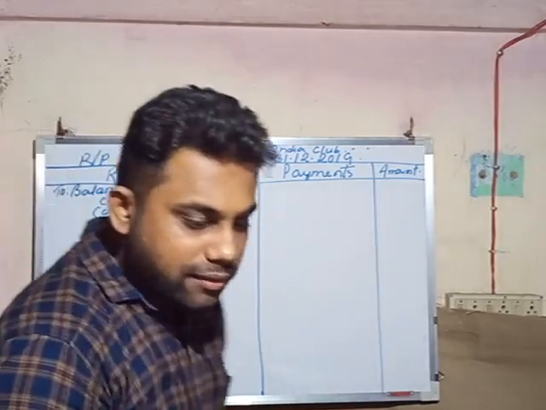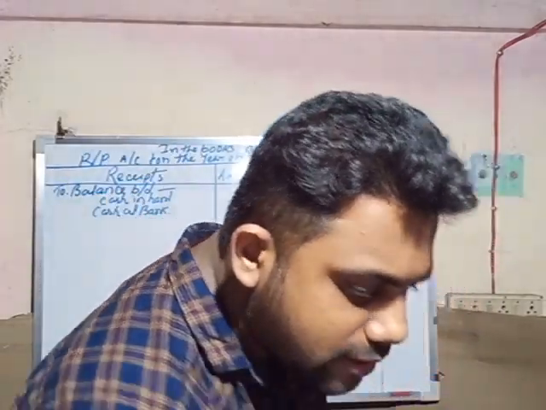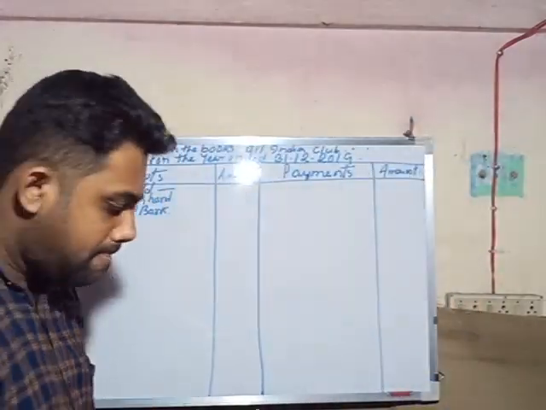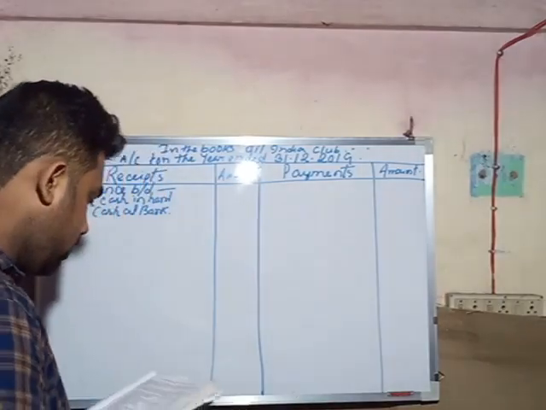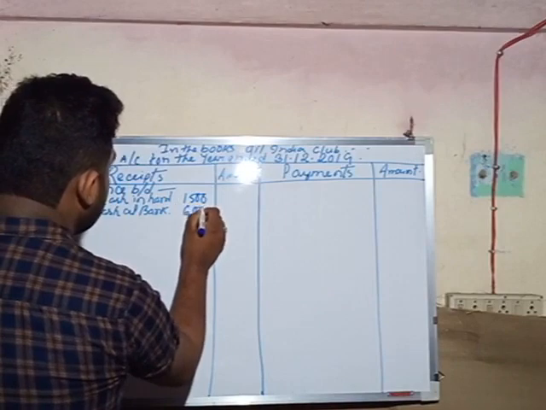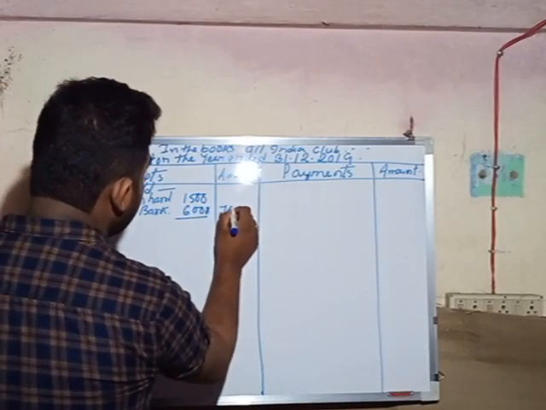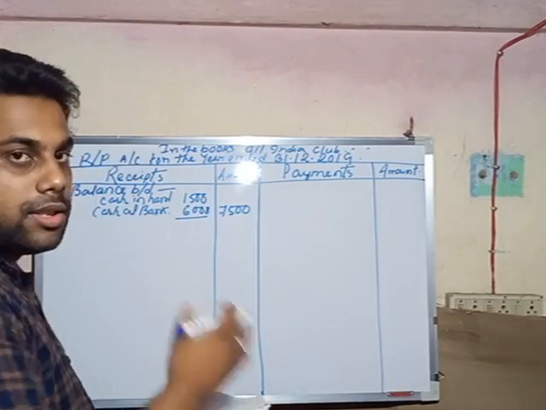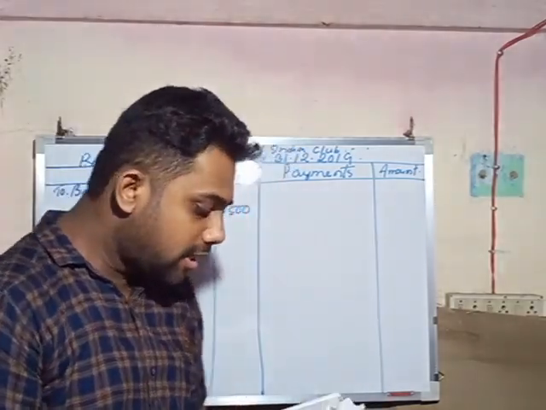The amount of cash in hand is rupees 1,500, and cash at bank is 6,000. Total amount is 7,500. So this is our opening balance, that is cash in hand and cash at bank.